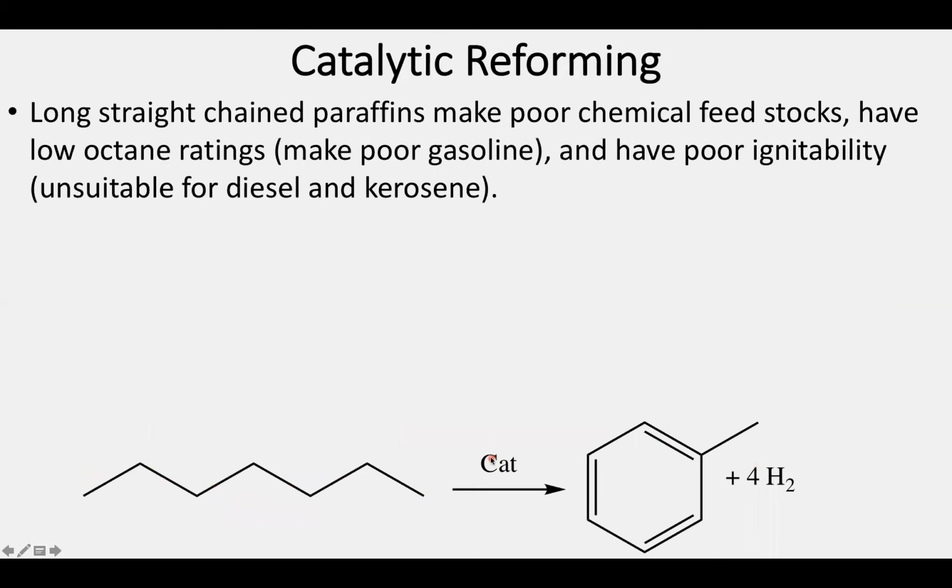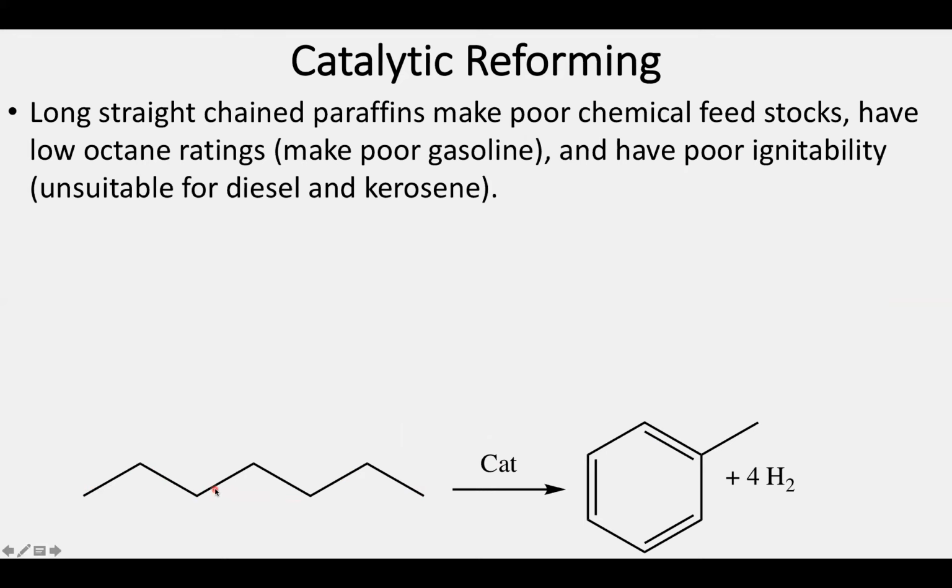So starting with taking a look at our straight chain paraffins, you can use what's called catalytic reforming. You're going to take a lot of your long chain paraffins, which tend to make very poor gasoline. They cause a lot of engine knocking and maybe have some poor ignitability. So essentially those that may be a little bit too short to make good diesel or kerosene.